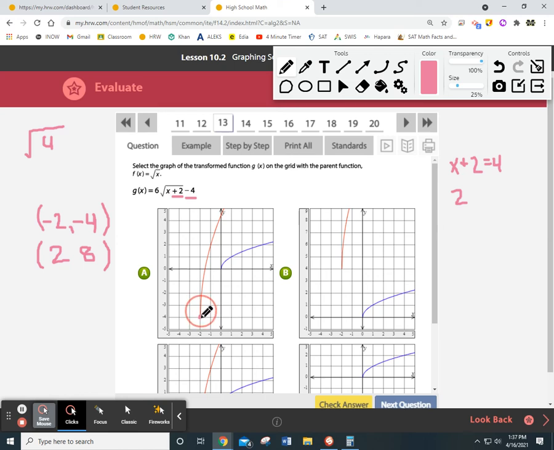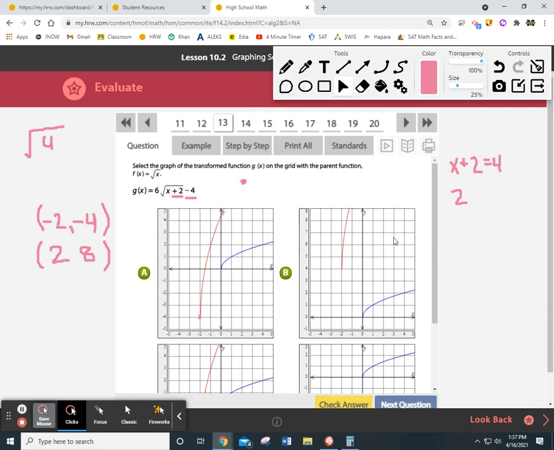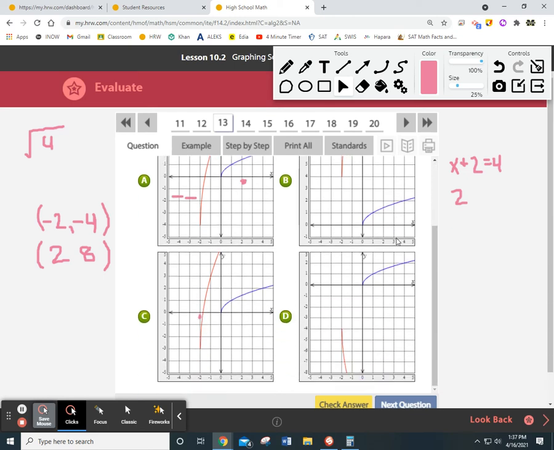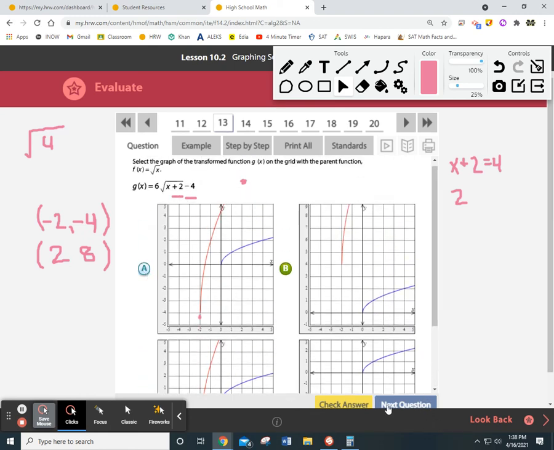Yep. Do they have another point at 2, 8, which would be up here? Looks like it's going to plot there. Let's see. Yep, this one's not plotted at negative 2, negative 4, so it's this first graph.